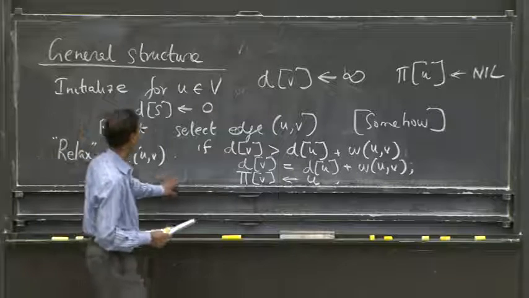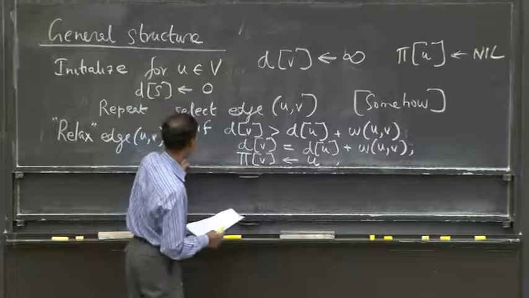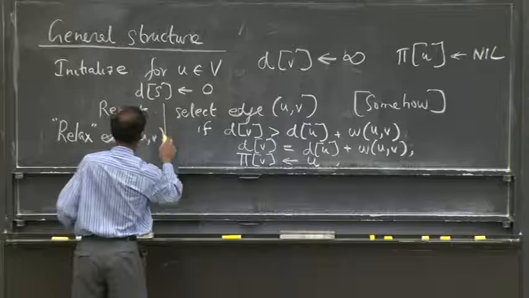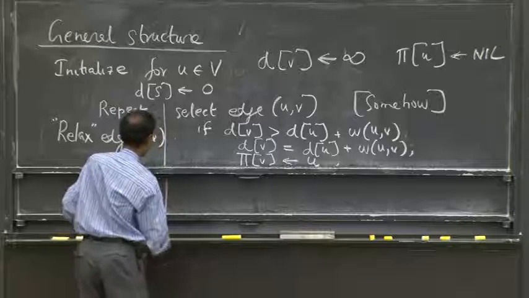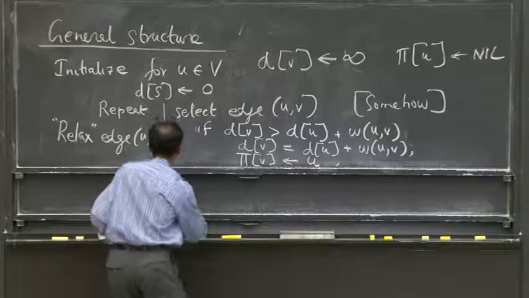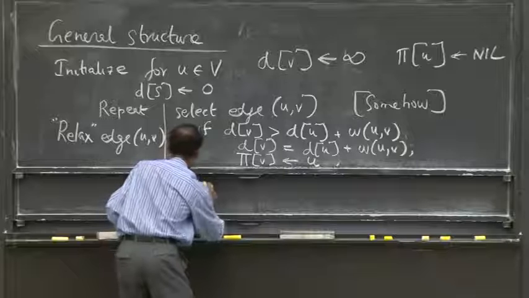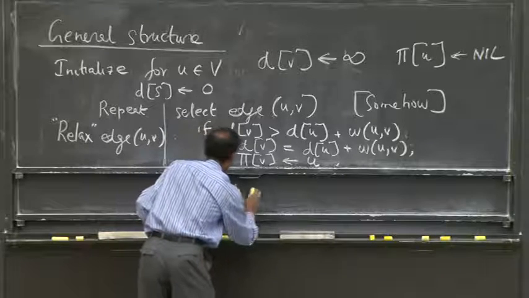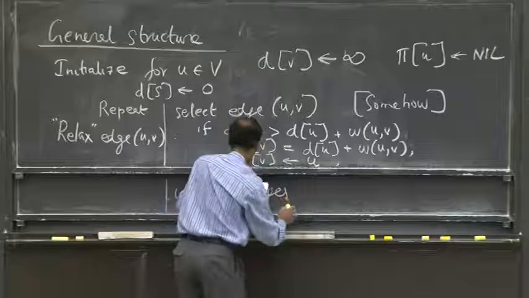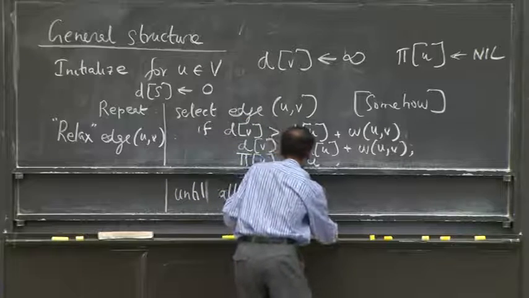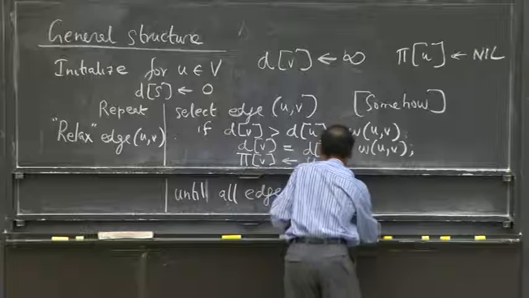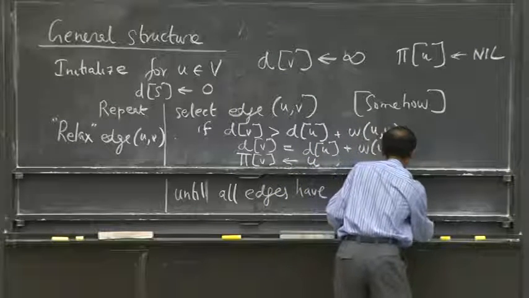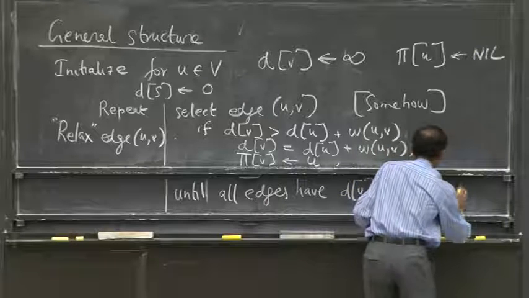I kind of ran out of room here, but you keep doing this repeat. So what is the repeat? Well, the repeat is until all edges have d of v less than or equal to d of u plus w uv.